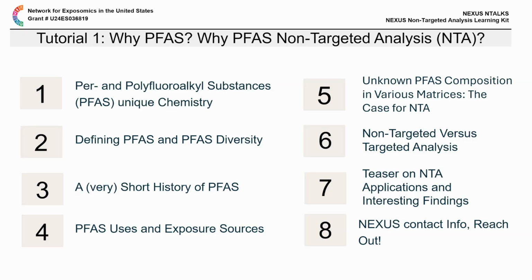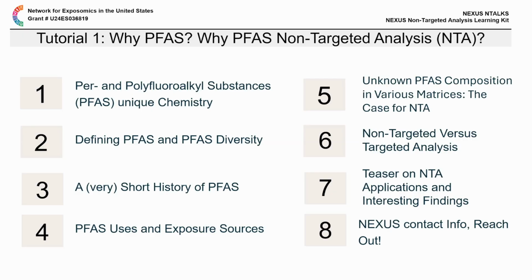Then we're going to go in depth into some of the PFAS uses, what consumer products, how they are used, and those exposure sources. And then we'll go into the argument of why non-targeted analysis is important from the fact that there's a large unknown fraction of PFAS in various matrices, and we'll give some examples.